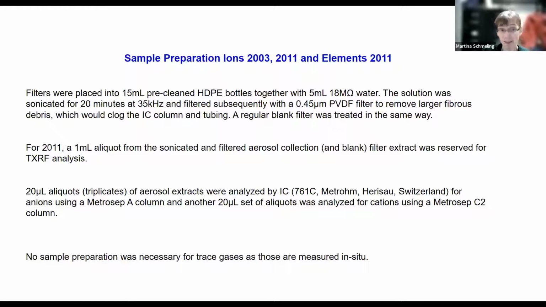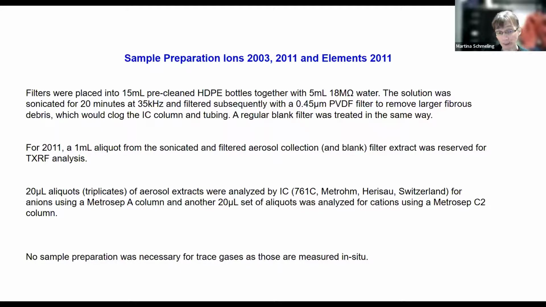For 2011, as I mentioned before, a 1 milliliter aliquot from those 5 milliliters was used for the TXRF analysis, and then from the master samples, from the remaining 4 milliliters, 20 microliter aliquots, so 3 times, were analyzed by ion chromatography, and we used that for anions and also for cations.